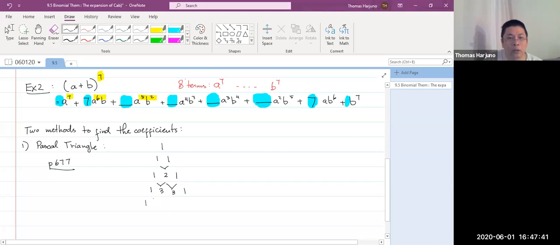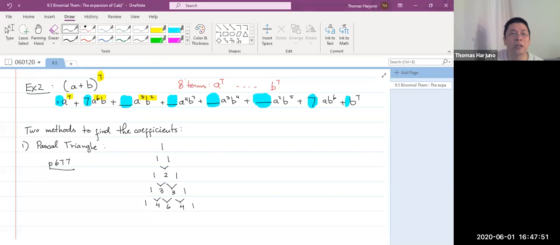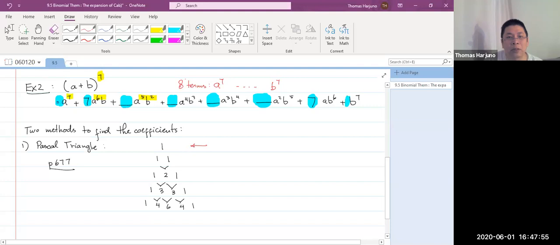And then 1, 4, 6, 4, 1, like that. Now what does this triangle represent? The first one here represents the coefficient of a plus b to the 0, which is simply 1. This one here represents the coefficients of a plus b to the 1.